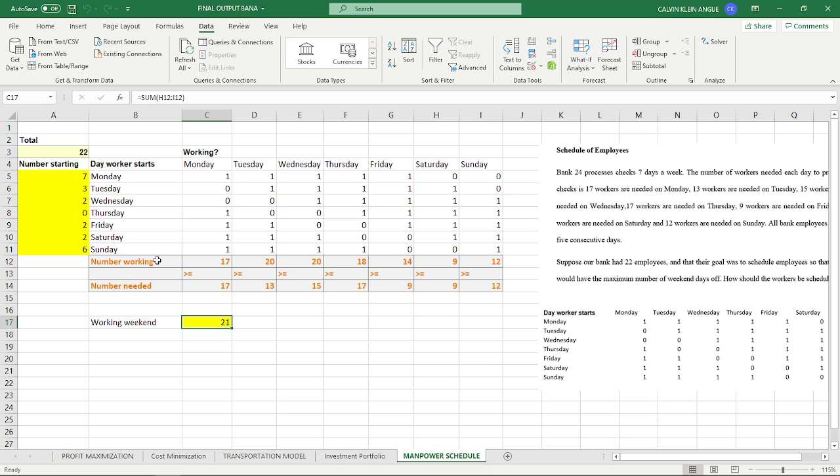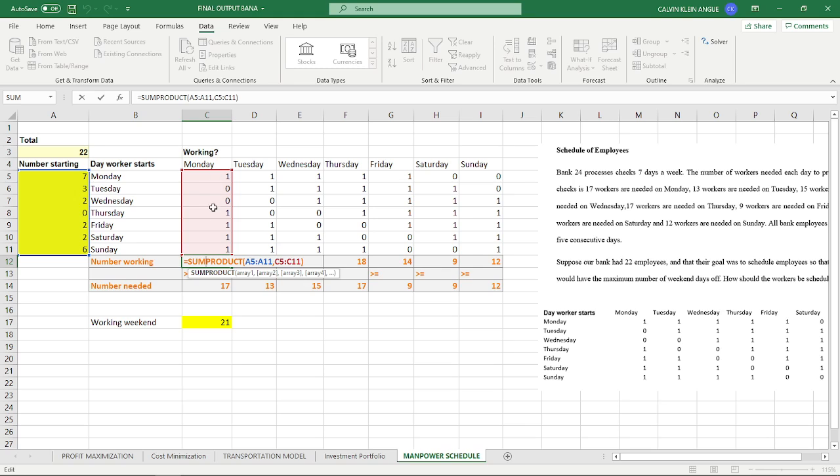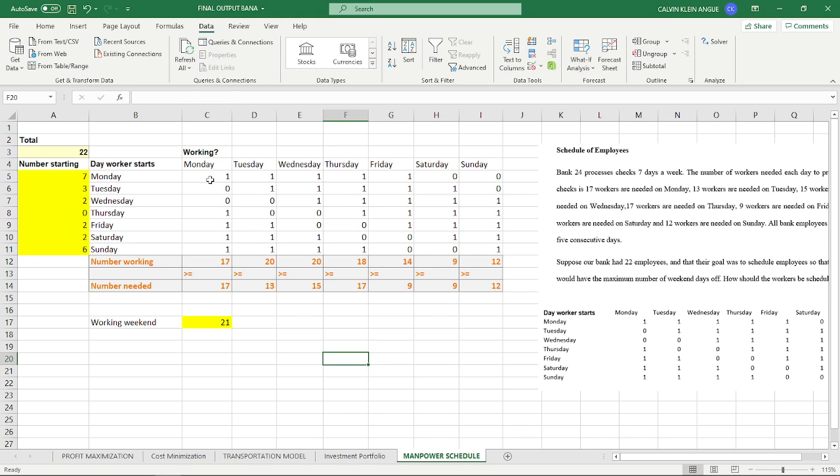Then this is the formula of our constraints, the sum of product of this, and for Tuesday here, and Wednesday, Thursday, Friday, and so on up to Sunday, it's the same, the sum of product of this.